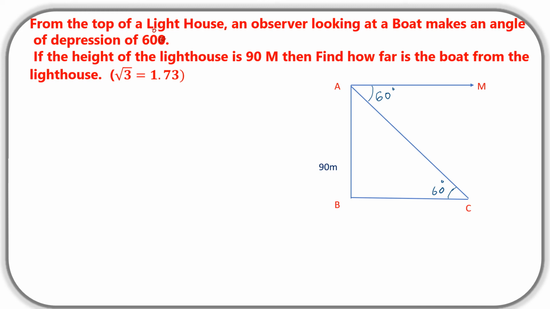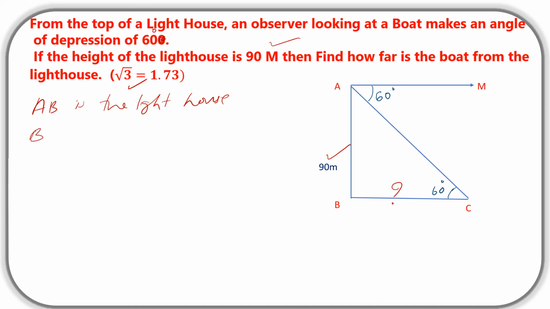If the height of the lighthouse is 90 meter as it is given, find how far is the boat from the lighthouse. This is what is asked. Consider root 3 as 1.73. AB is the lighthouse in the diagram. Correct?